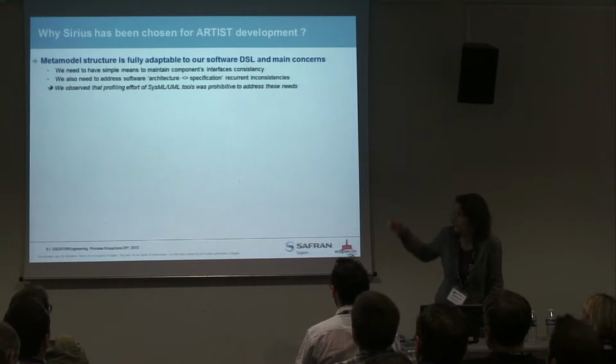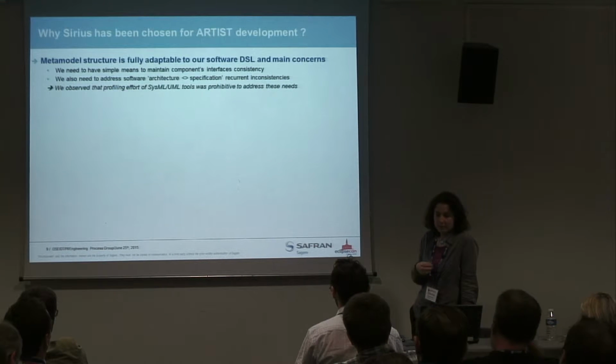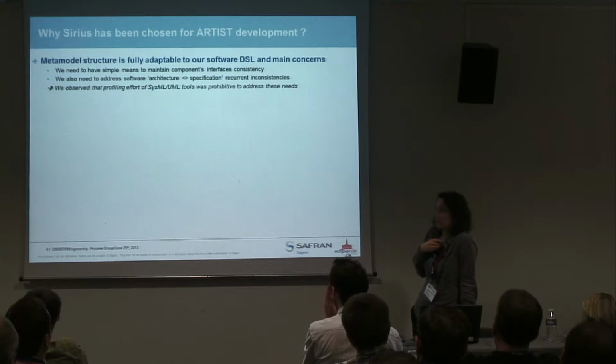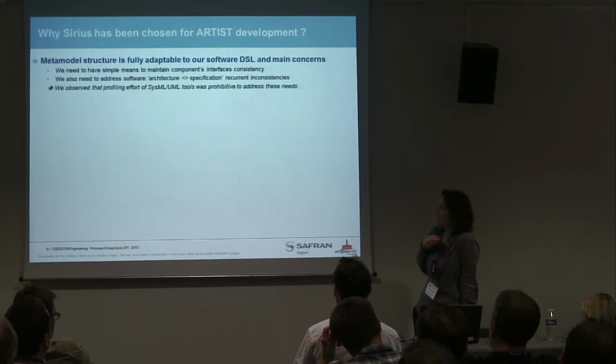The point is that the Sirius meta-model structure is really adapted to making your own tools. That is to say, we have a software domain-specific language. We know our field domain. We know how to build a meta model that responds to our DSL. That's finally the hardest point.